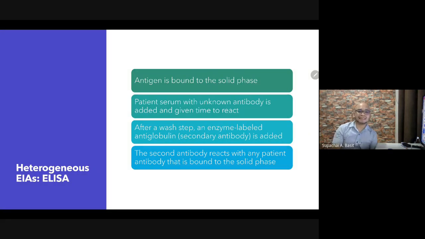So let's talk about the heterogeneous ELISA. In ELISA, antigen is bound to a solid phase. Then patient serum with a known antibody is added and we give time to react. In this case, we are detecting antibodies from the patient sample.